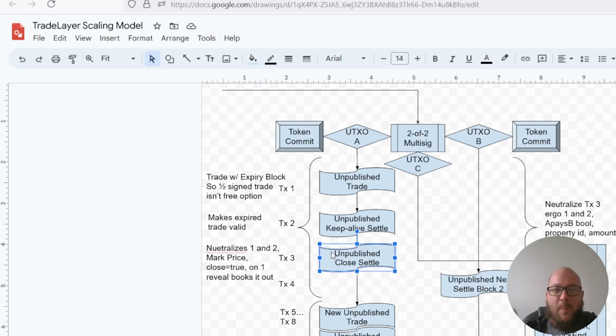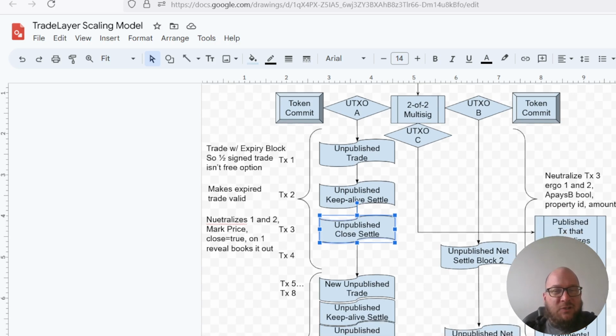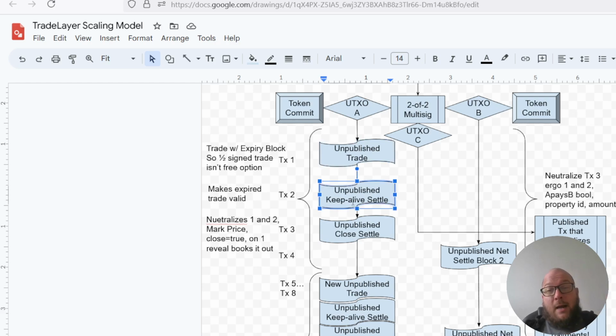So I know this sounds complicated. Believe me, it's complicated to develop DeFi on Bitcoin. But it does create kind of a fun puzzle. So I've got two situations. One is the contingent logic of chains of UTXOs, right? So if I build the trade with UTXO A, then I know what my unpublished trade looks like.